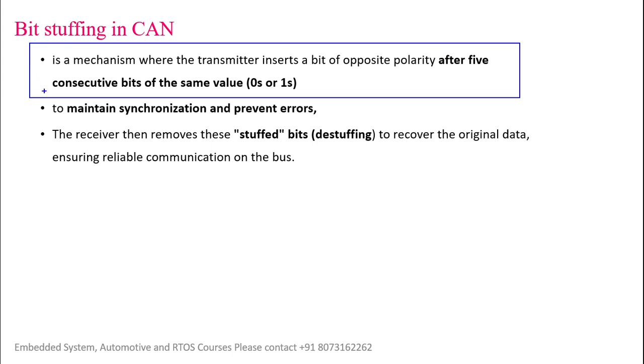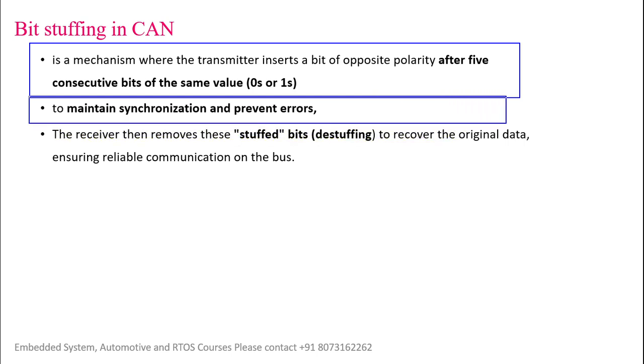Why do we have to follow this method? We follow it to keep the receiver and transmitter properly synchronized, and to prevent errors. I hope you are clear. So why do we do bit stuffing?